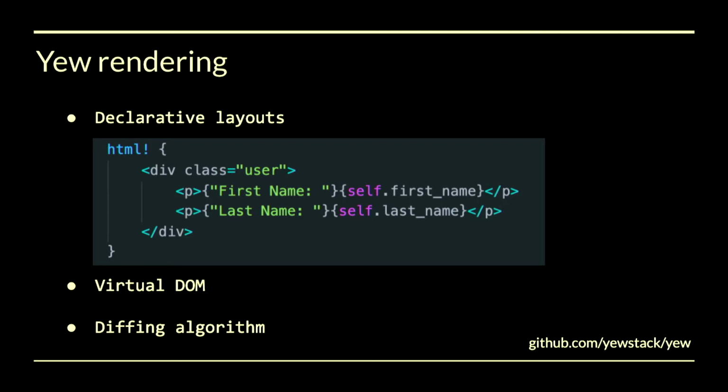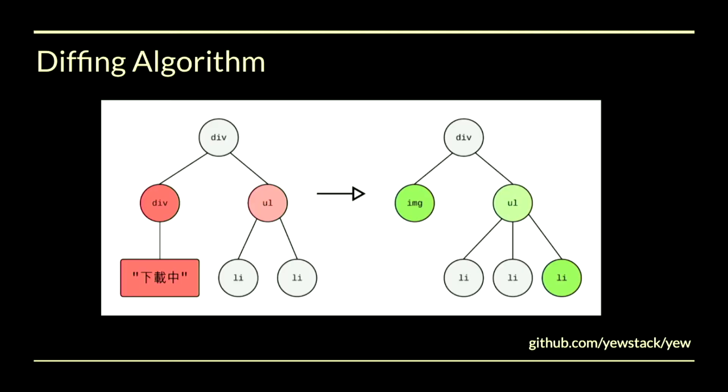Here's a little illustration of the diffing algorithm. I know it's a little hard to see, but imagine you have the layout of your app as a tree. You have a root div component and a list over here, and then another element with some text saying it's downloading.